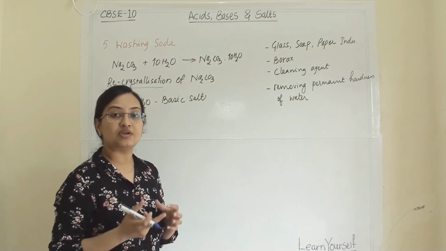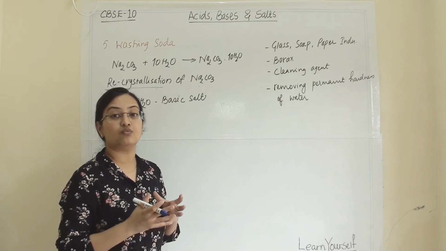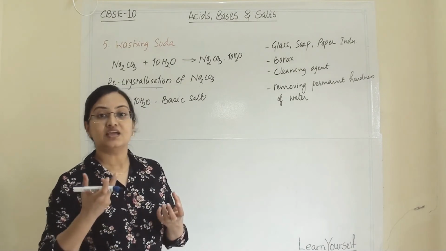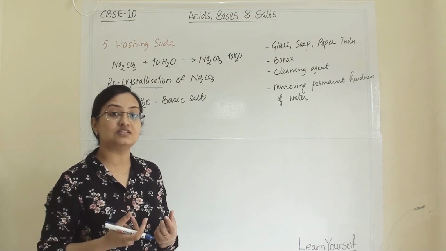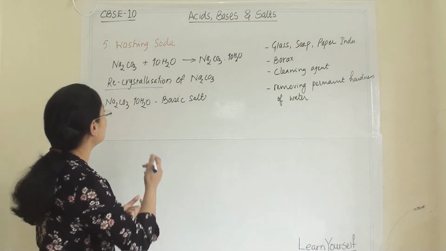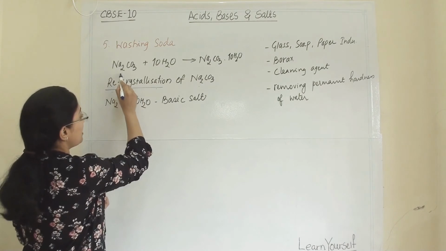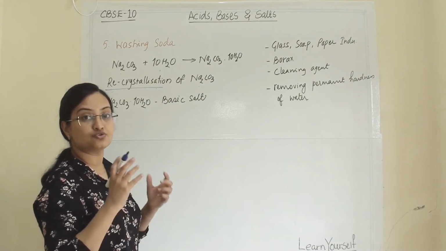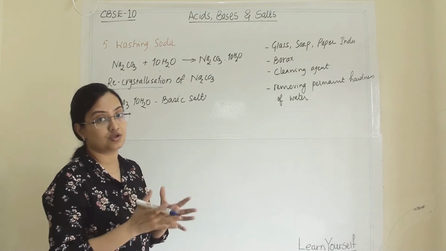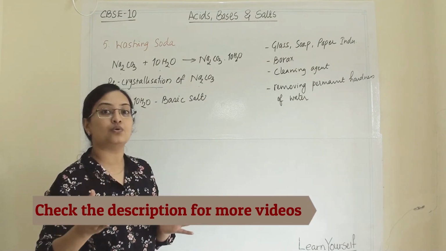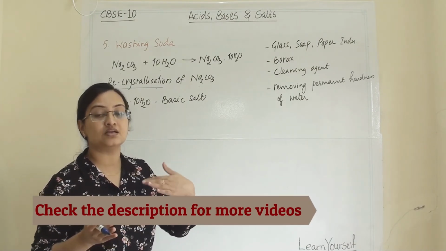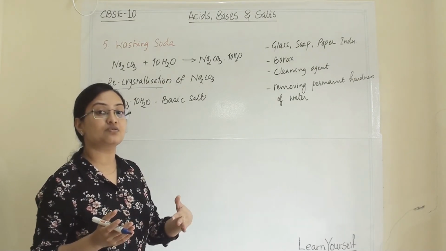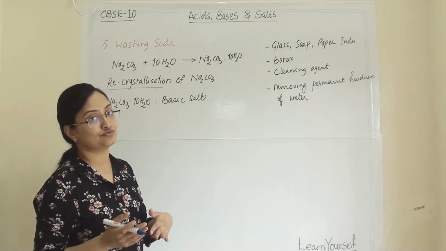In the next topic we are going to study what water of crystallization is and what crystallization is, and we will discuss it in depth. So here, we mix sodium carbonate with water to make a supersaturated solution of sodium carbonate, and then we allow it to cool and we get all the salt back. That is called recrystallization of sodium carbonate.